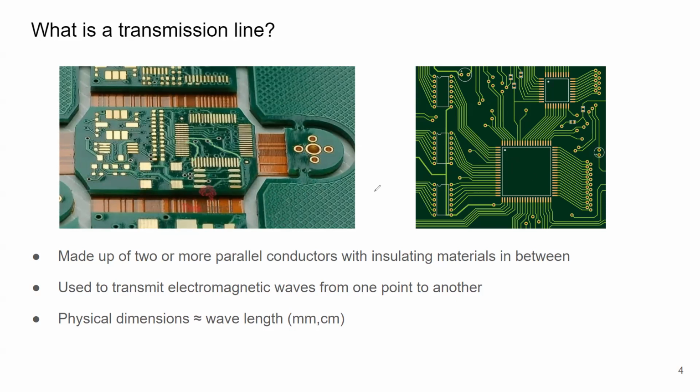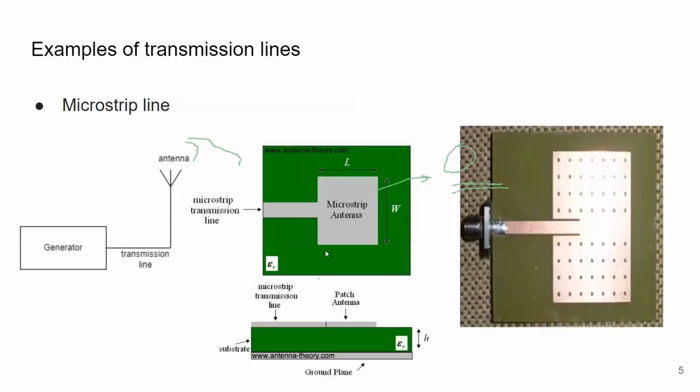This is also a clear figure showing these transmission lines. We have these in PCB circuits, and since PCB is used in multiple scenarios, transmission lines can be seen almost everywhere.